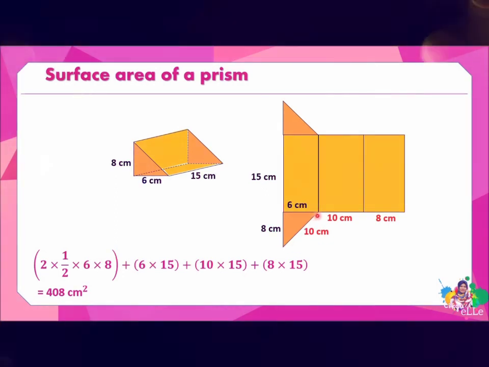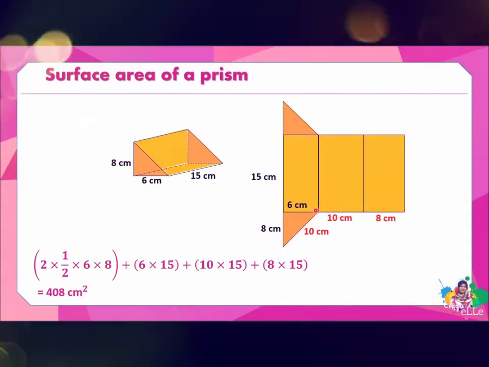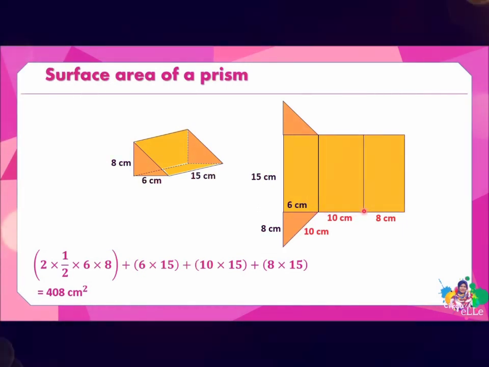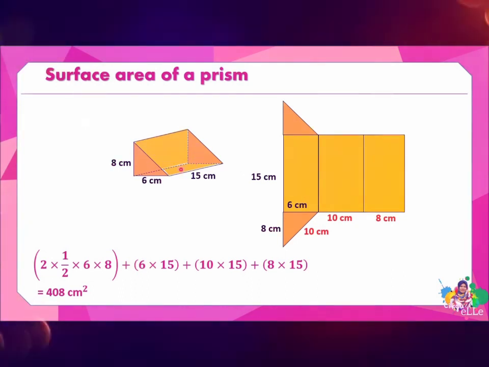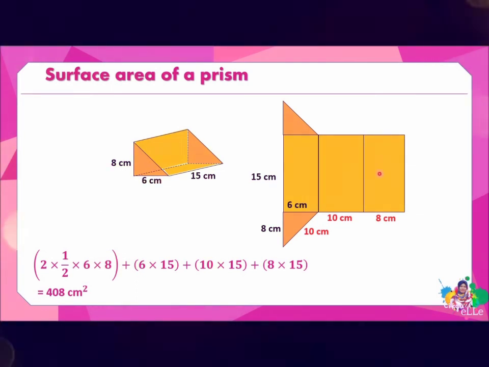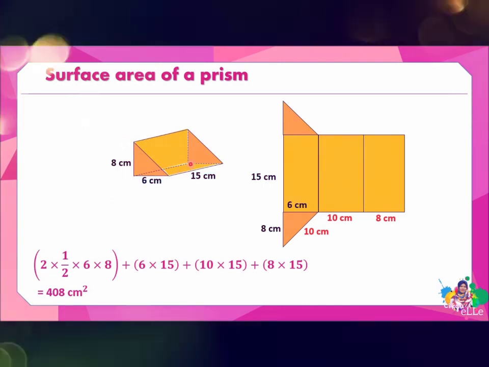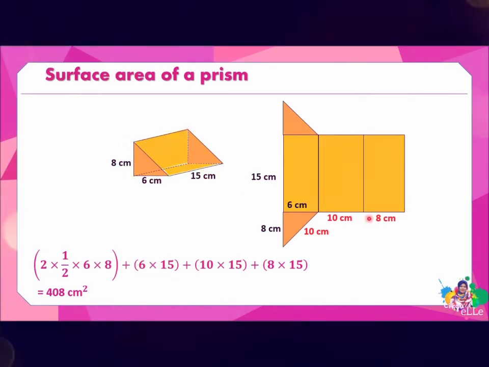You have to use Pythagoras theorem. Then this one is 10 centimeter, equal to this side. Actually, this rectangle is from this slanting face. And for another rectangle, the length of this side is 8 centimeter, for the vertical face.